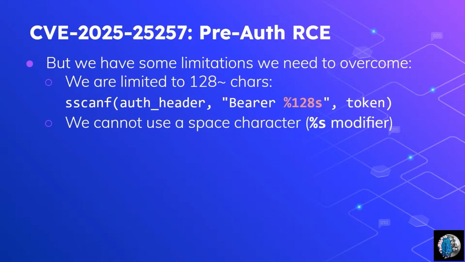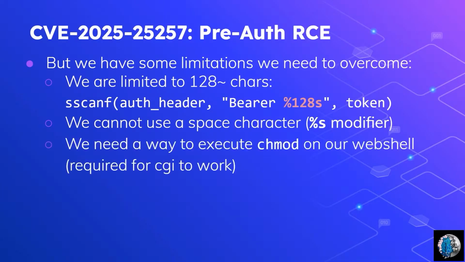The second obstacle is that we cannot use the space character, because with the S modifier, anything after a space, it just stops receiving. And the third obstacle, which is probably the most painful one, is that we need a way to execute chmod on our web shell.